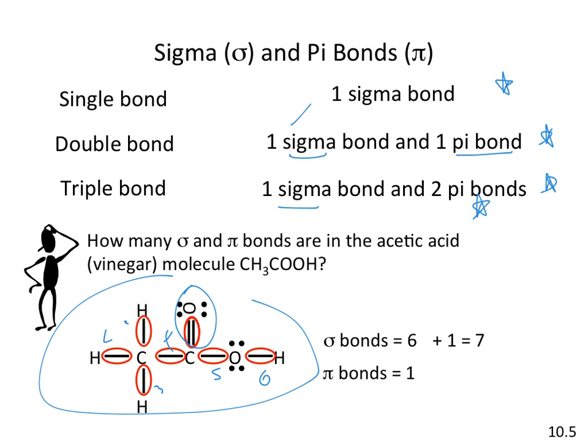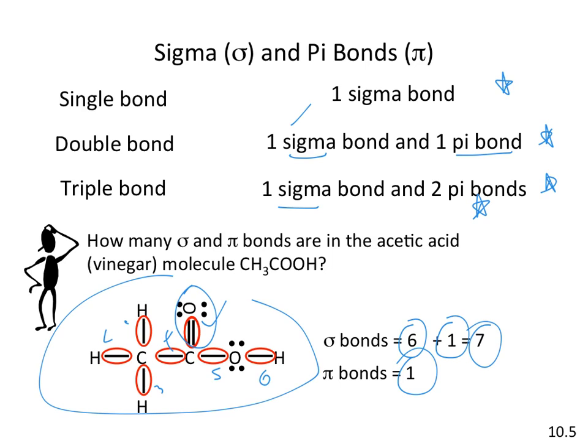So in terms of the total number of sigma bonds, I have 6 coming from all my single bonds, 1 coming from my double bond, to give me 7 sigma bonds. Now, because a double bond consists of 1 sigma and 1 pi, since I'm counting up pi bonds, I have a single pi bond because I have a single double bond. Okay, so that's how you would go about identifying how many sigma and pi bonds you have.